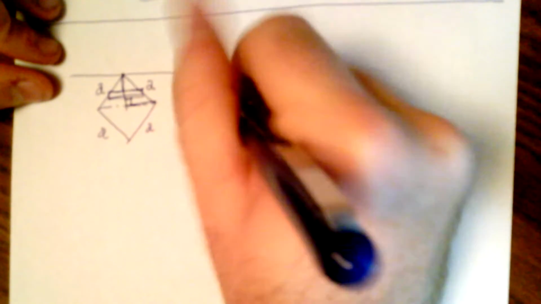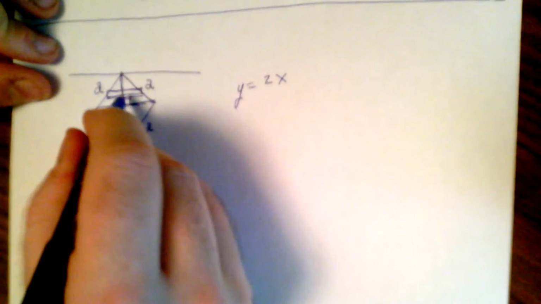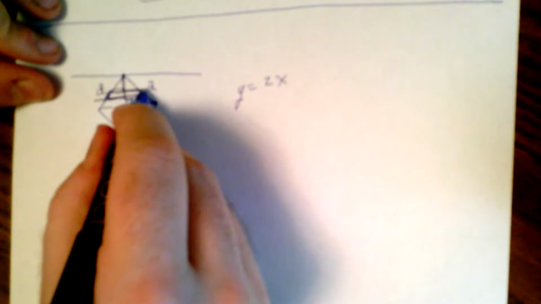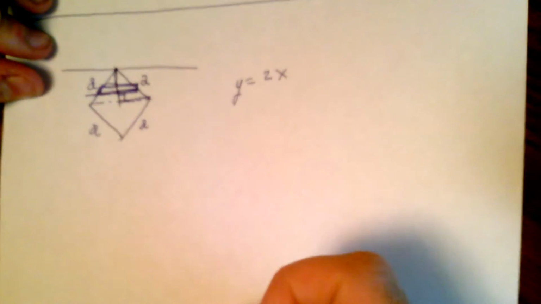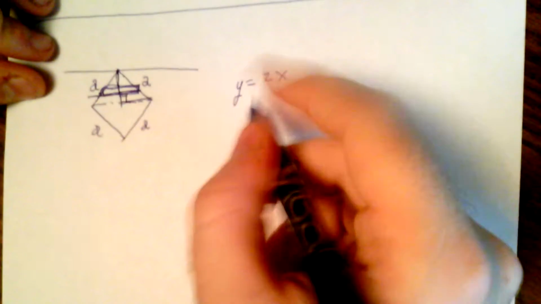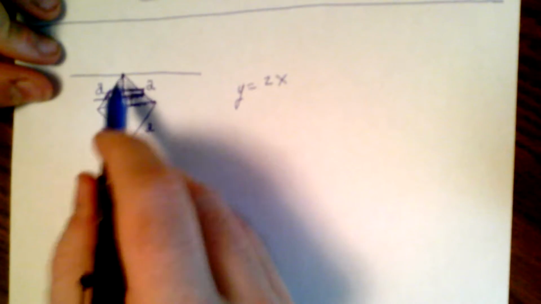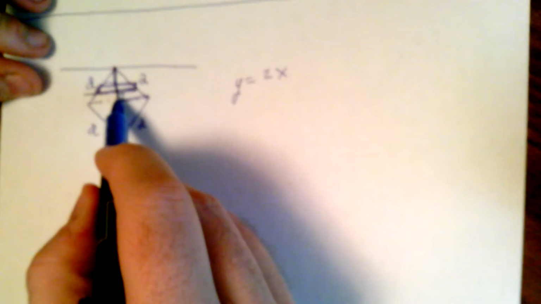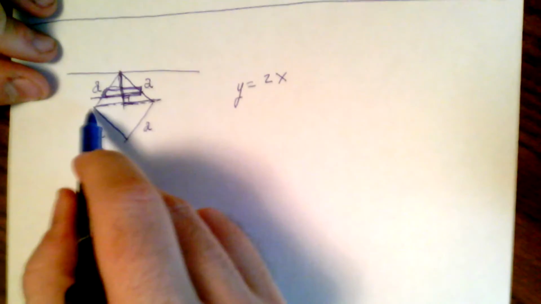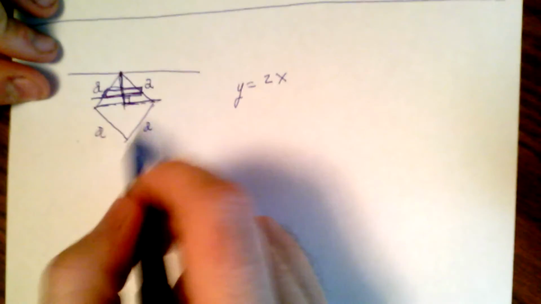So our equation is going to be y equals 2x, because for every x I go down, the distance this way is x, and the distance that way is also x. So the distance across is 2x. But that only works as far down as the halfway point. After that, I have a new equation that has to go the other way.